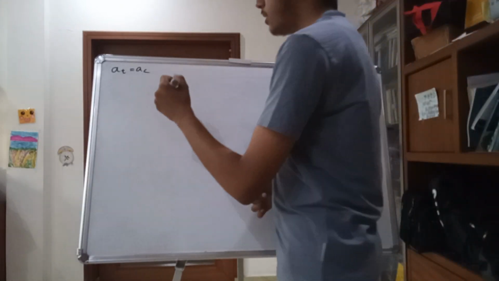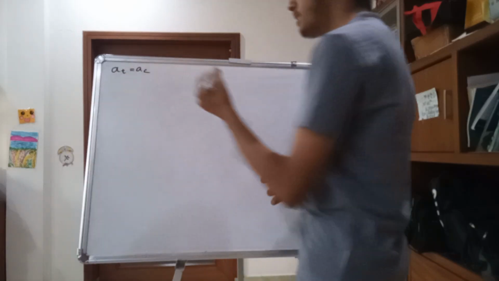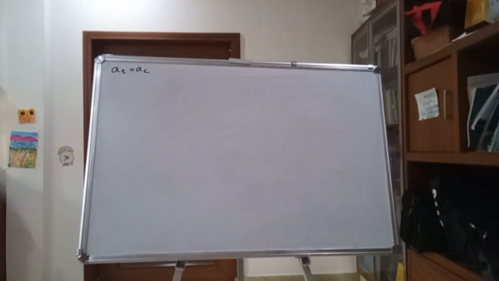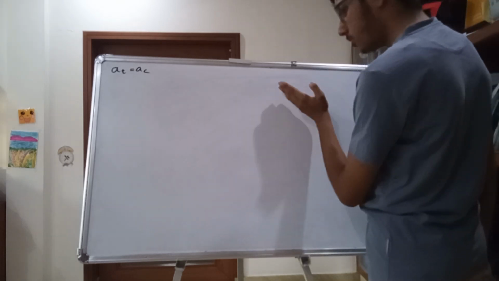Then what will happen? How can we write tangential acceleration? What is tangential acceleration first? Rate of change of velocity, can I write it as tangential acceleration? Because velocity is going to change. Am I right?